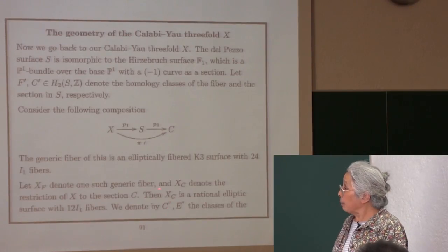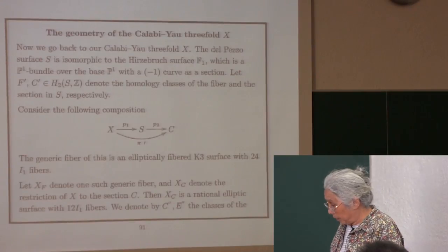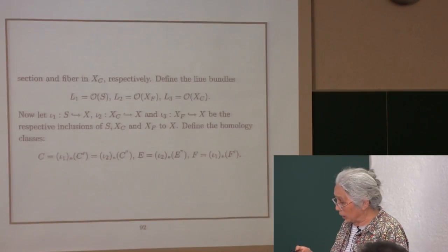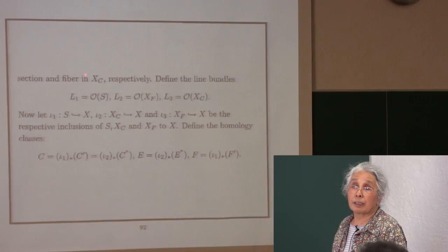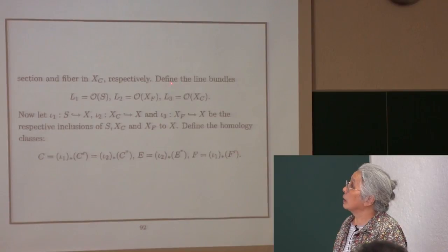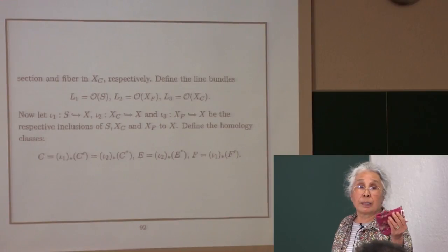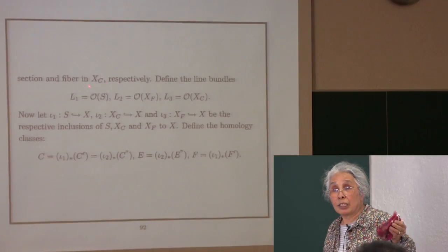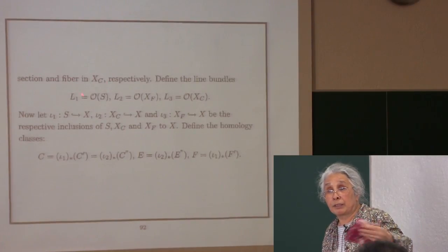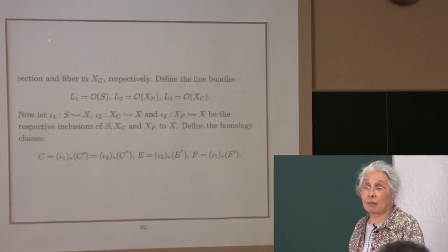Now C double prime, E double prime are the classes of section and fibers in X_C. This is a restriction of X to the section, so I can pick those. And now you remember this Calabi-Yau threefold had h11 equals 3, so the Picard group has rank 3. So I want to define line bundles.